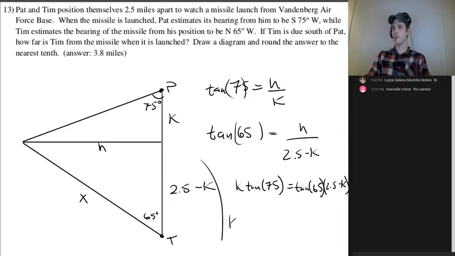So K is going to be equal to 2.5 times tangent of 65, divided by tangent of 75 plus the tangent of 65.